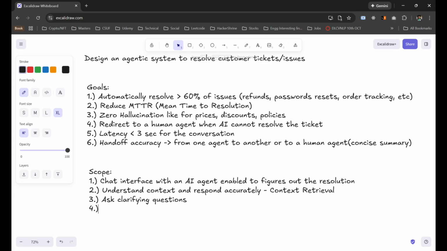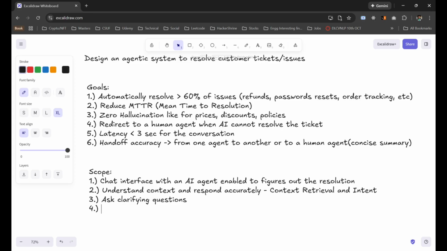Once it does this, let's say they understand the intent, right? So with the chat interface, understand context, we can also put here intent and understand context, get all the context from different databases, and also understand the intent, what the issue is, right? And then ask clarifying questions around it.